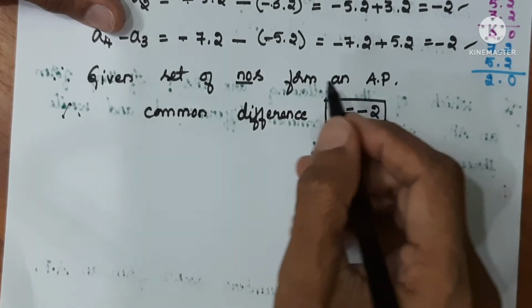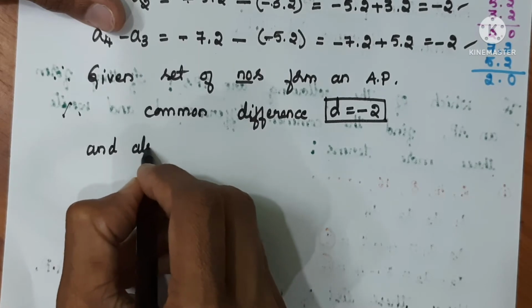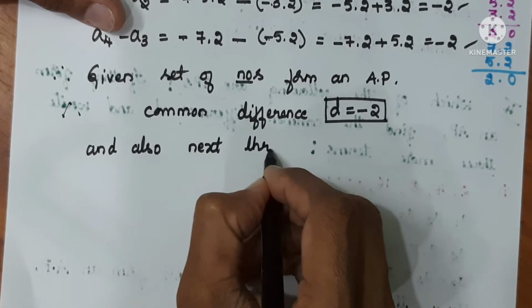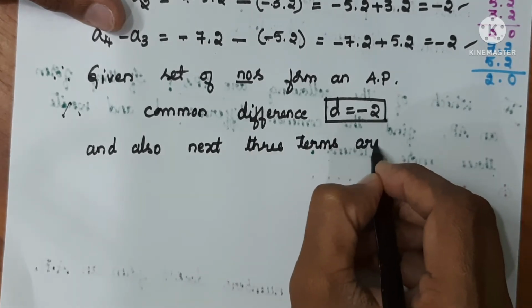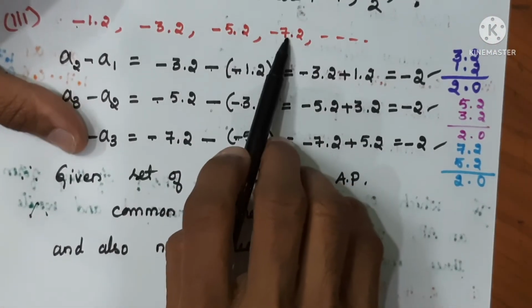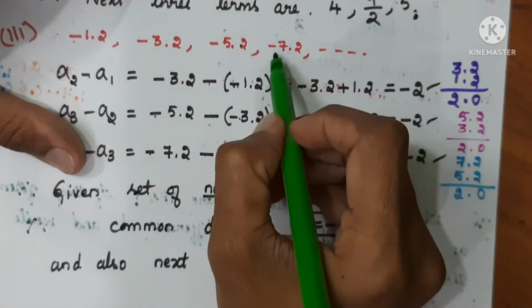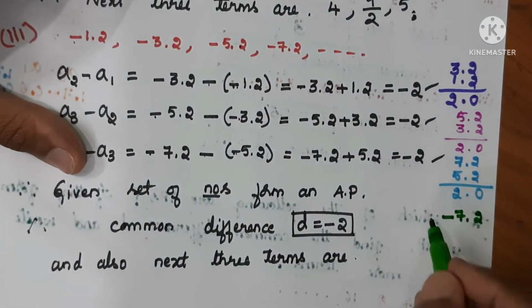Again we have to write the next 3 terms. Here we have to add: the fourth term is minus 7.2, we have to add minus 2.0 to minus 7.2.